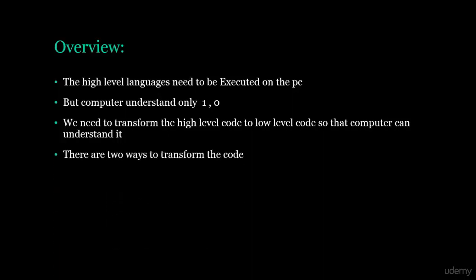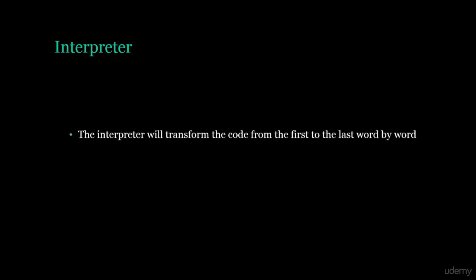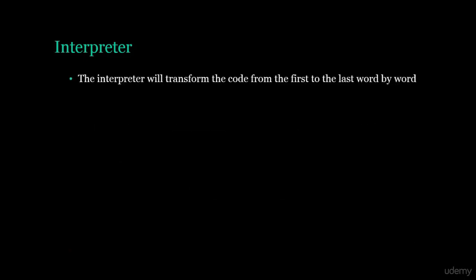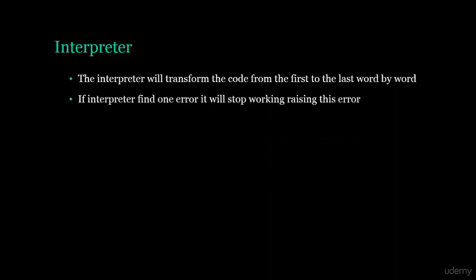There are two ways to transform this code, using an interpreter or using a compiler. Let's talk about the interpreter in detail. This interpreter will transform the code from the first to the last, word by word. Remember, word by word. If the interpreter finds one error, it will stop working, raising this error. If there is only one error, the interpreter will raise this error.